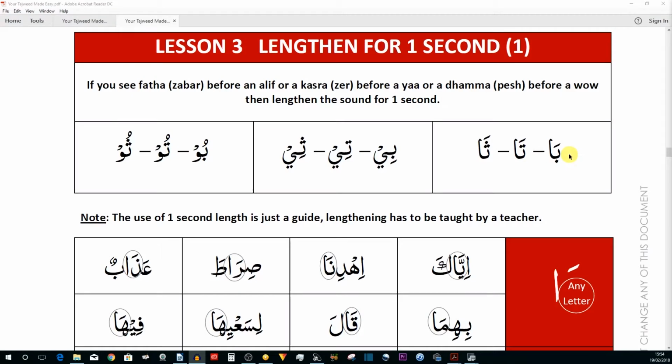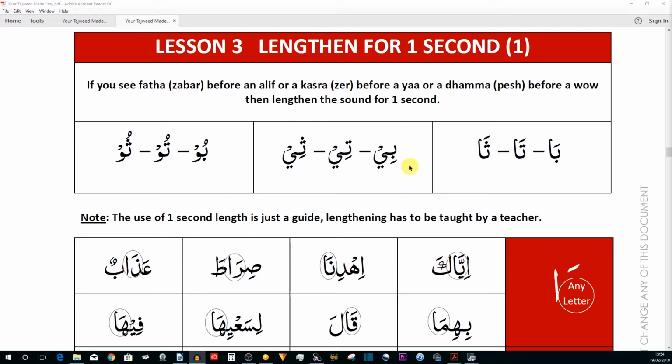I find this in many students, in young students, when they are being taught, they stretch it a bit, which is wrong. So ba fatha alif, baa, ta fatha alif, taa, 2 beats or 1 second. Tha fatha alif, thaa, very important. Distinguish between ba, ta, tha and baa, taa, thaa.